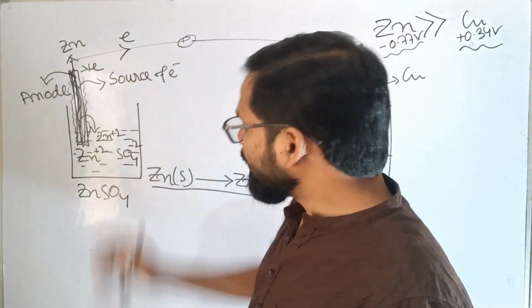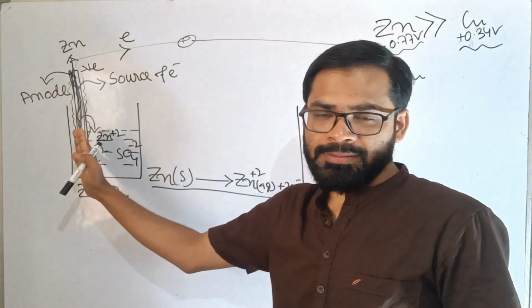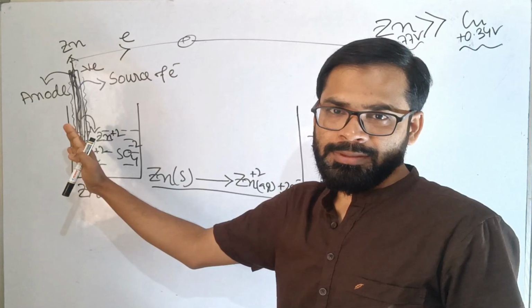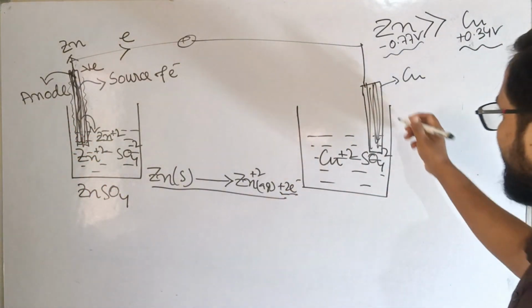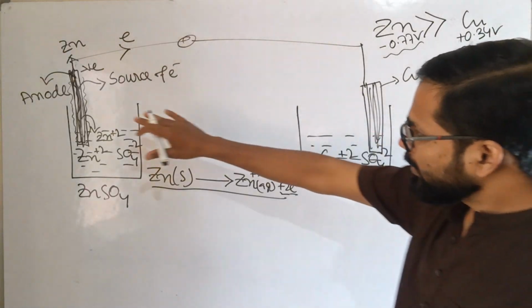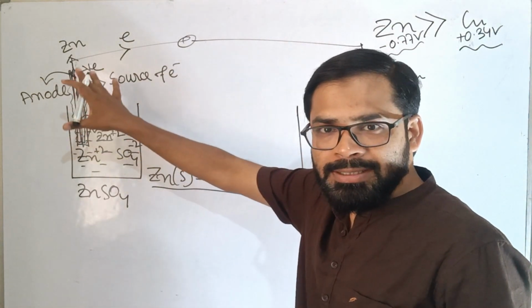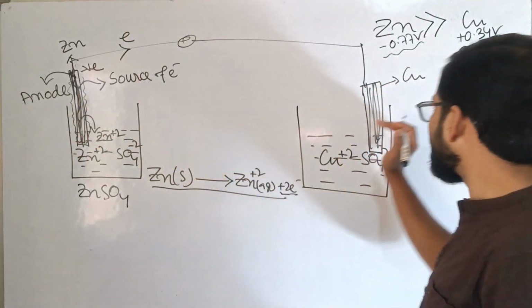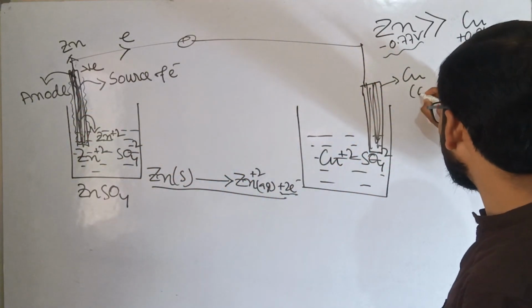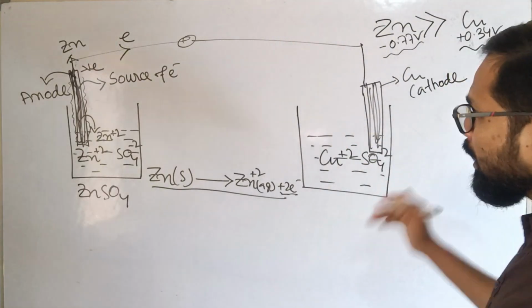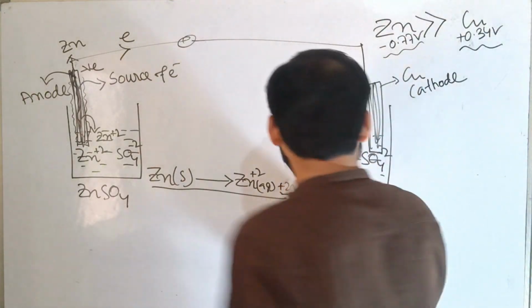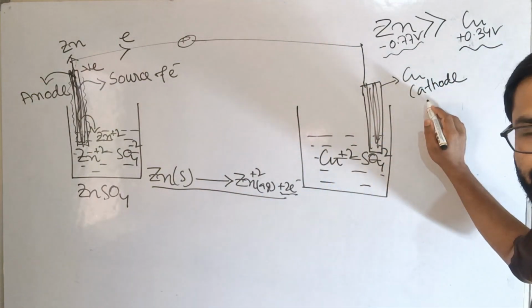If we understand the left portion, then we can easily understand the right portion also. Zinc is considered the anode, so definitely copper will be the cathode. Now what will happen here? Cathode means reduction takes place.